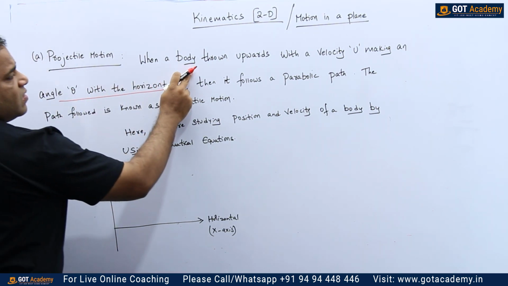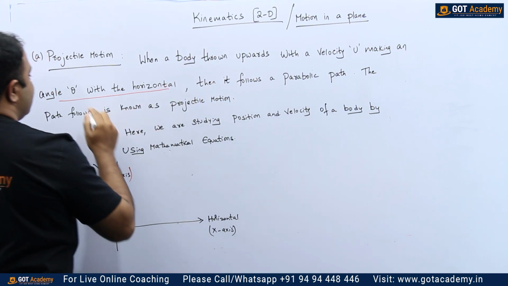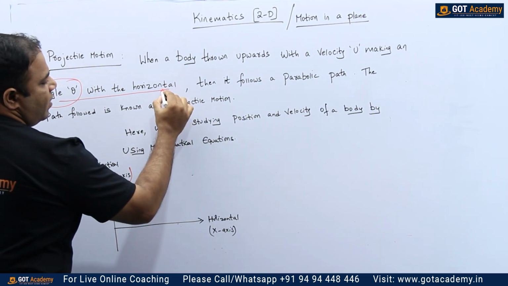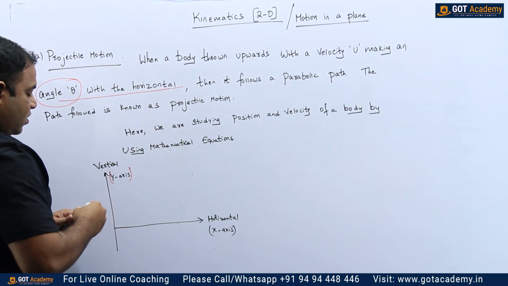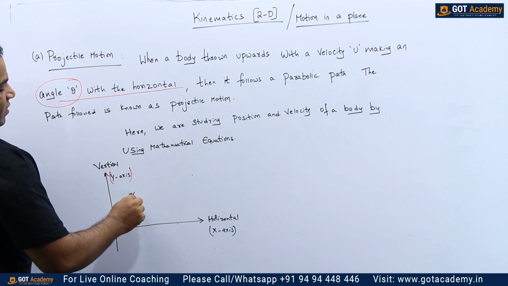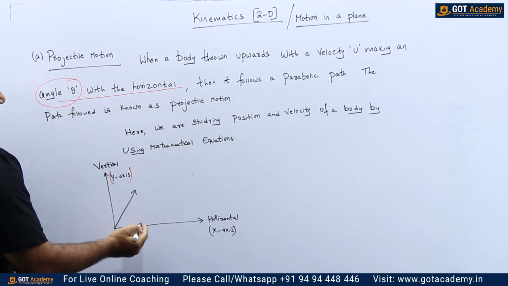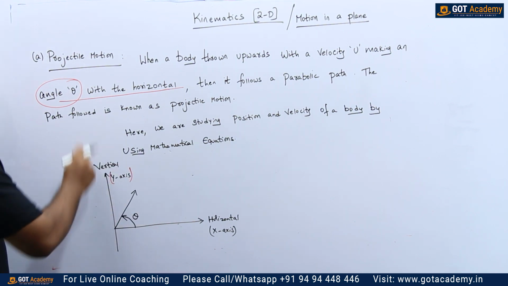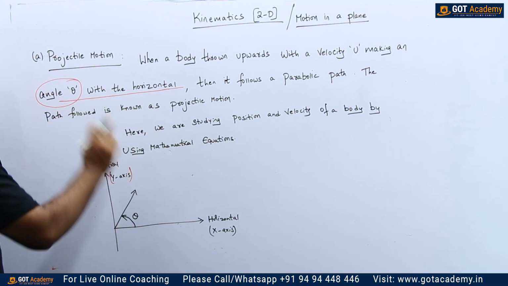So a body is thrown with a velocity u which makes an angle theta with respect to horizontal. With respect to horizontal, it means you are throwing a body like this, and the angle made here is theta. That is the meaning of this particular definition.